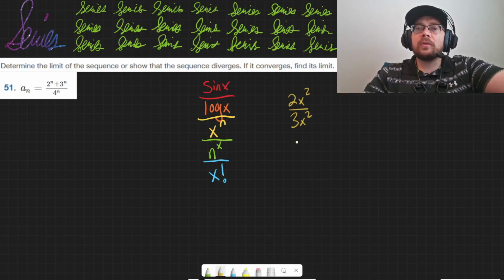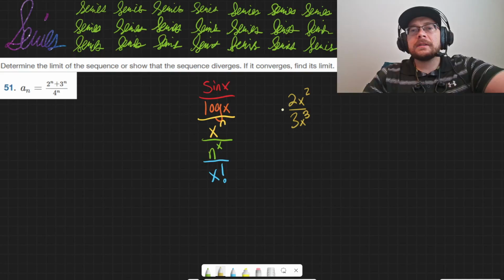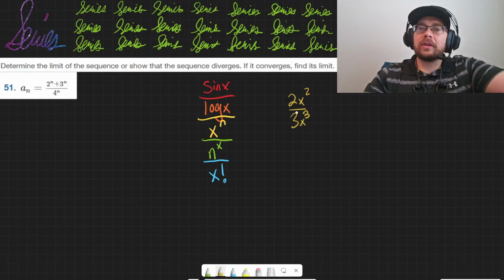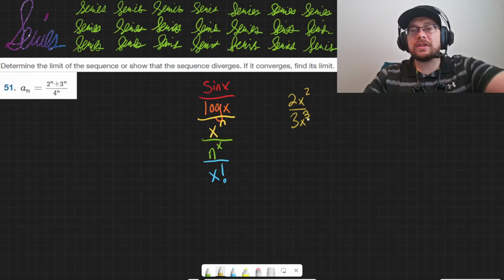So we would divide the leading coefficients because it's kind of like a neck and neck kind of race. But if they're both still polynomials, then the degree of the bottom looks like it wins out now because the degree of the bottom is 3. It has nothing to do anymore with those leading coefficients because the power is just bigger on the bottom. So the limit would go to 0.